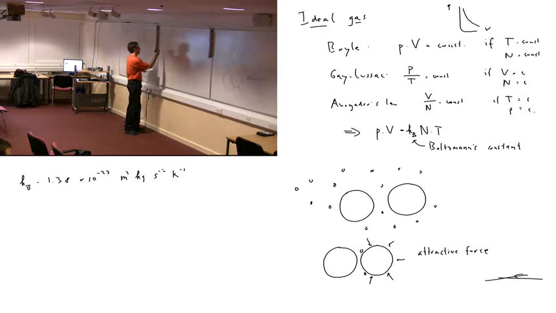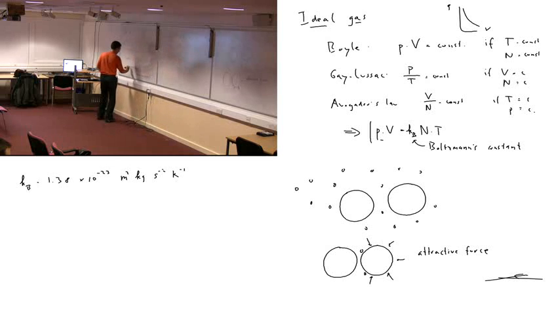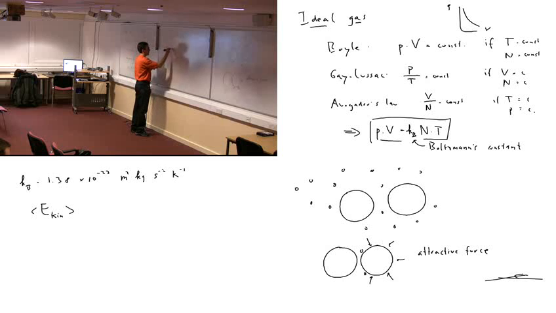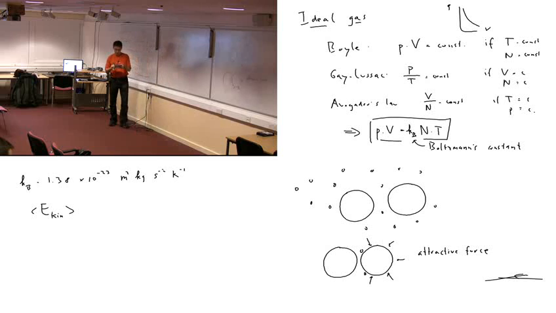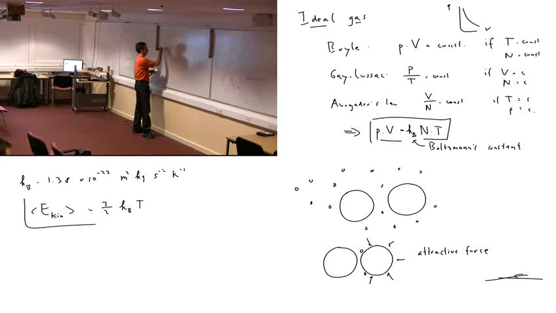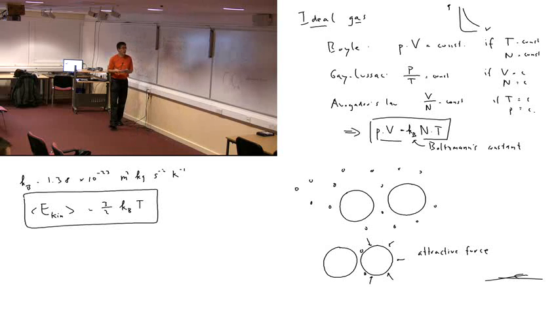The second ingredient of an ideal gas which we need is that the average kinetic energy of a single molecule is equal to 3/2 times Boltzmann's constant times the temperature. And again, you can derive this from statistical mechanics.